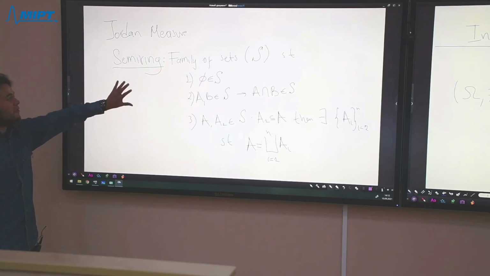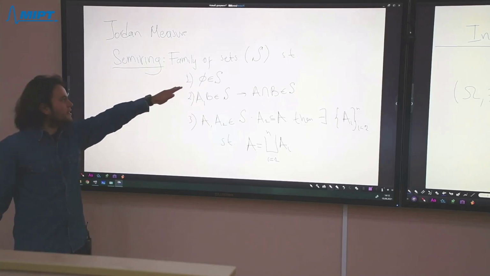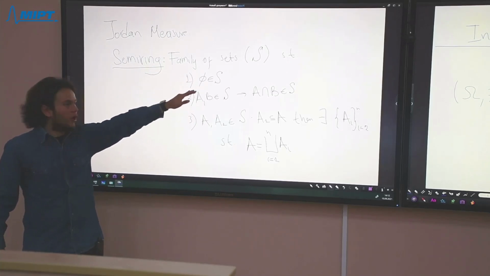Okay, so this is the definition of a semi-ring. So the first one is that the empty set is an element of S. Okay, this is an easy one.